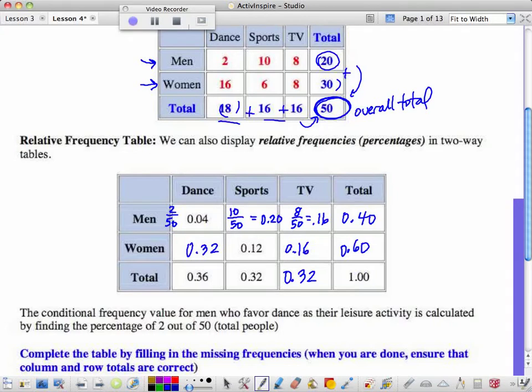Yes, it does. 0.36 plus 0.32 plus 0.32, does that equal 1.0? Yes, it does. Does 0.32 plus 0.12 plus 0.16 equal 0.6? Yes. 0.04 plus 0.20 plus 0.16 does equal 0.4. Yes. So this is now representing, we're saying 16% of women chose TV as their favorite leisure activity. 4% of men chose dance as their favorite leisure activity, etc.